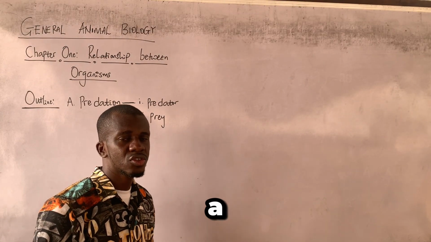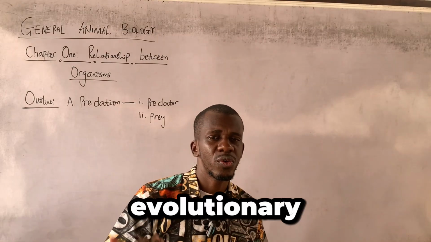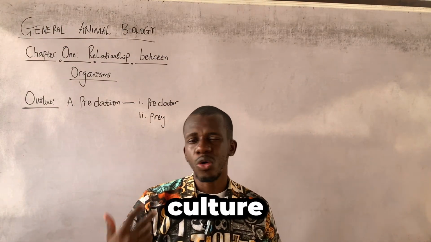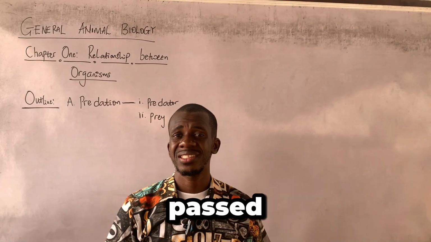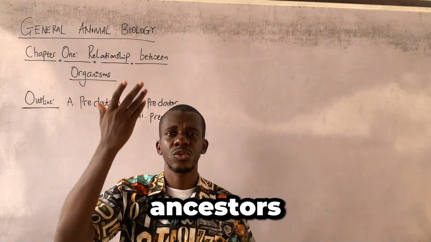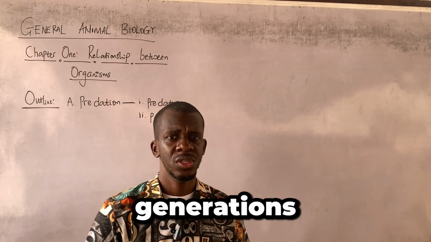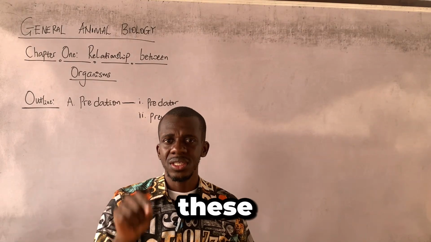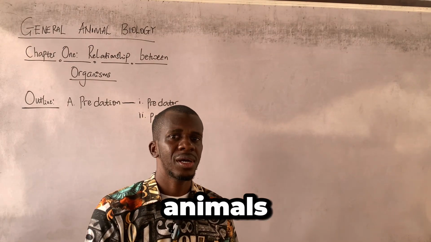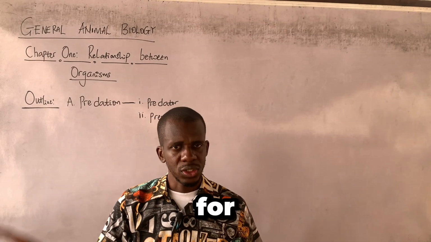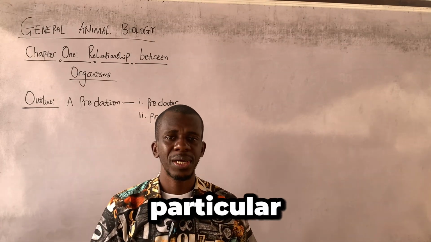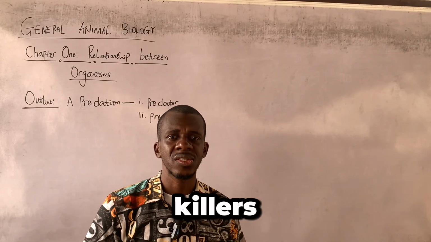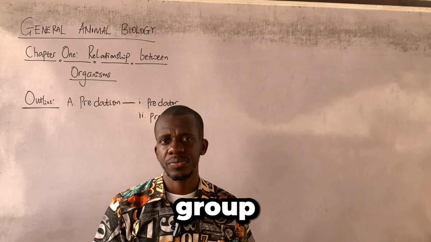But then, as a result of evolutionary trend or as a result of certain culture that has been passed down from ancestors even to newer generations, okay, it has been established that these particular sets of animals are food for these. All right, while these particular sets, known as the predators, are hunters or killers of this other group.